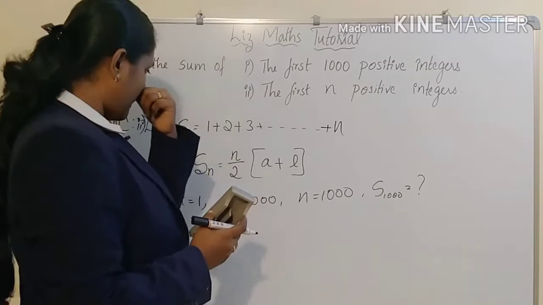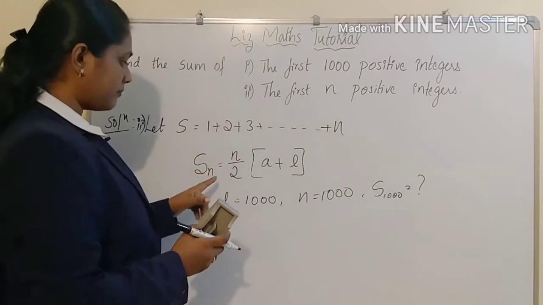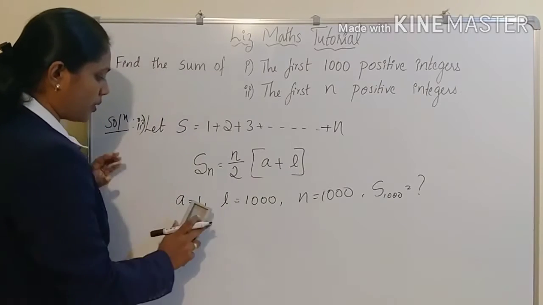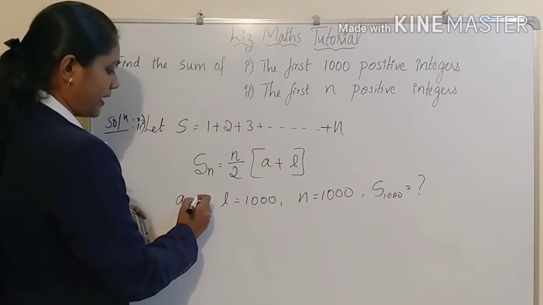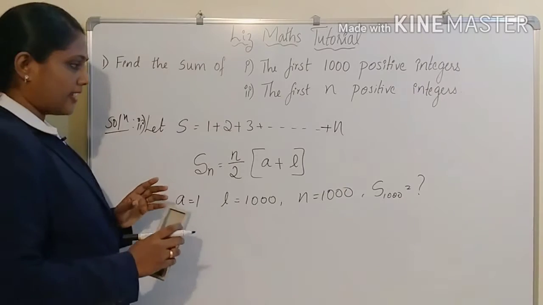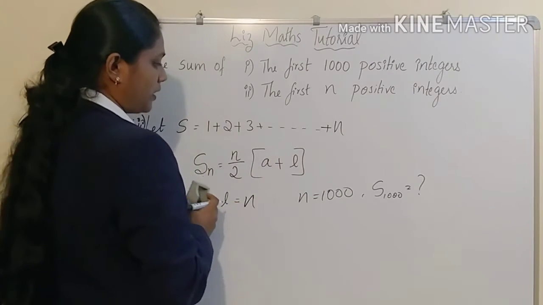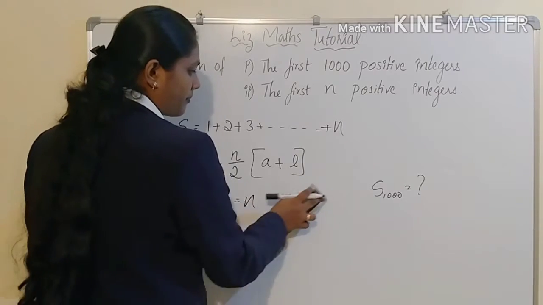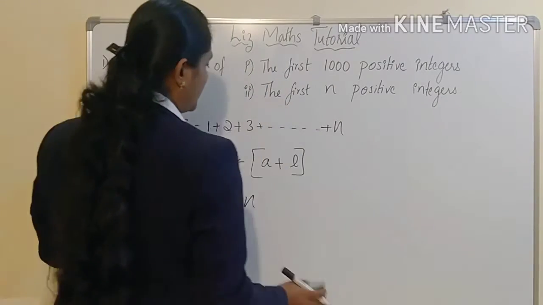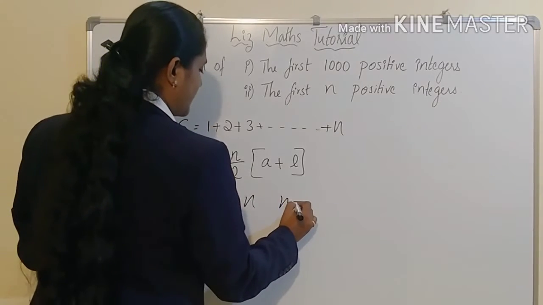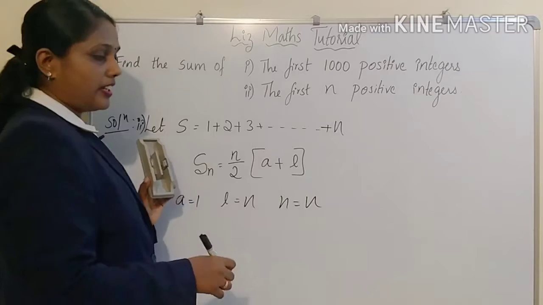Got it? So in this formula, what do we have to substitute? What is a? a is 1 only, because a is given as 1, and the nth term is n. And what is n? n is the number of positive integers, so n is equal to n itself.